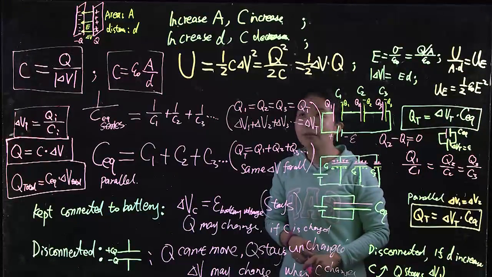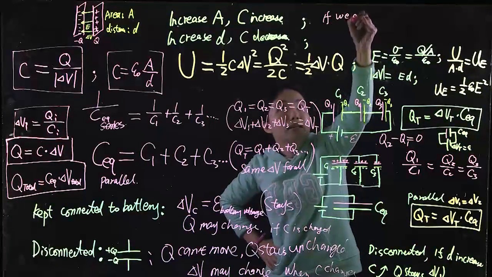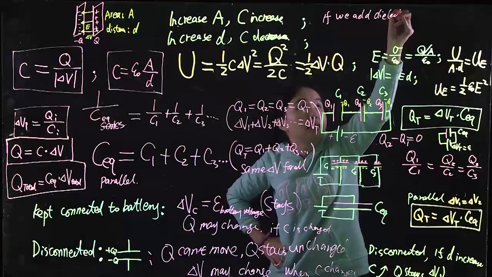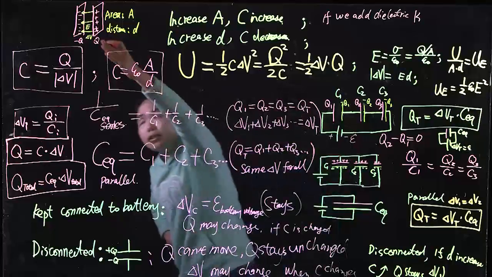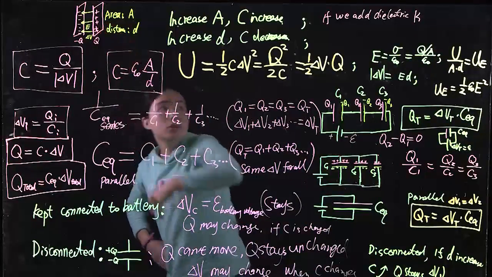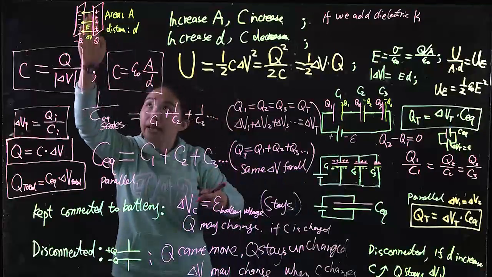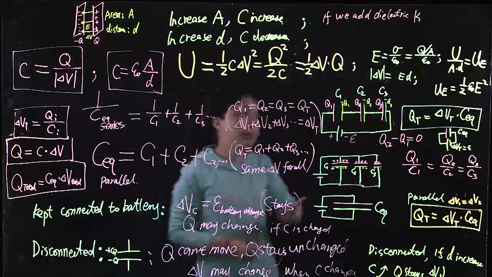One last word about this is that if we add a dielectric, chi, instead of using vacuum or air in between, we are going to put some dielectric insulating material, not conductor, in between the 2 plates.